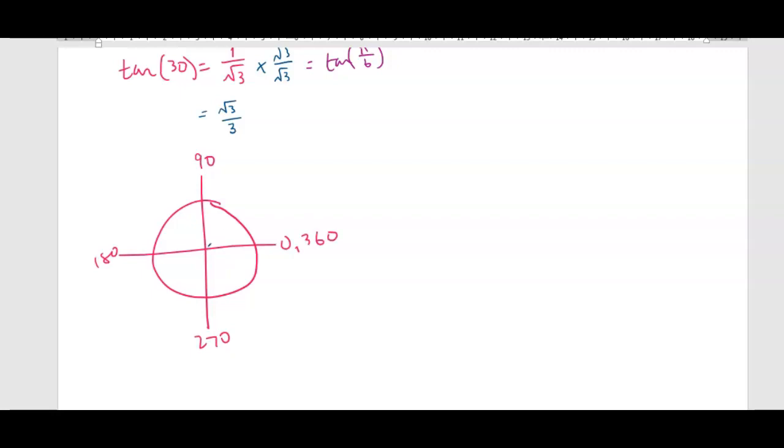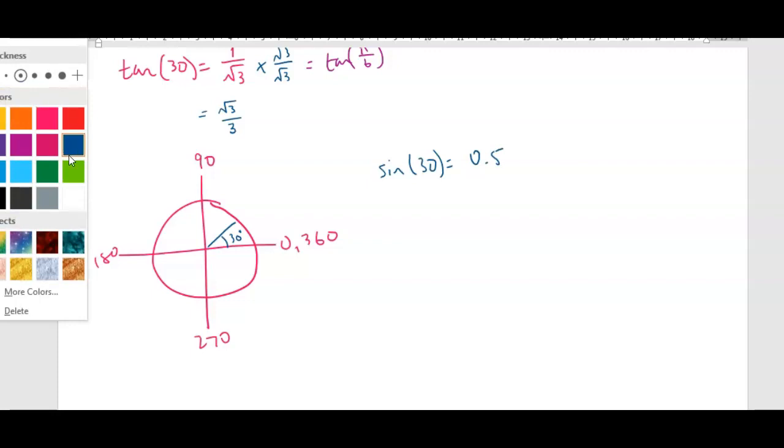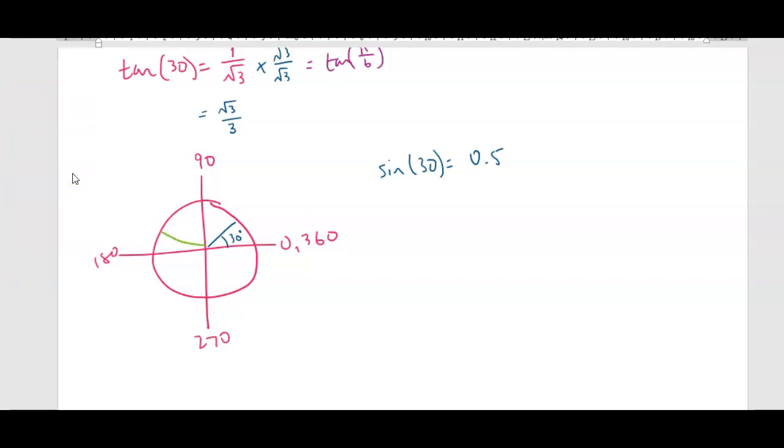Okay, so we did 30 degrees. Okay, so sine 30 was 0.5. Let's just change to the next one. So that angle in there is 30. So sine 180 minus 30 is also equal to 0.5.